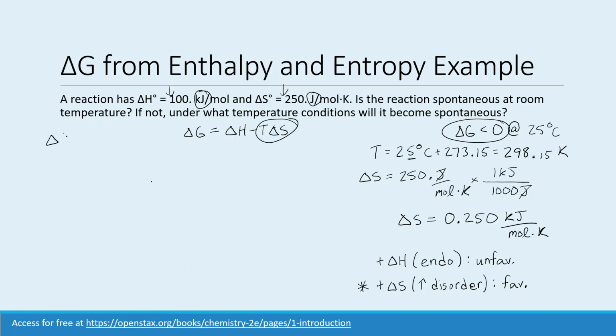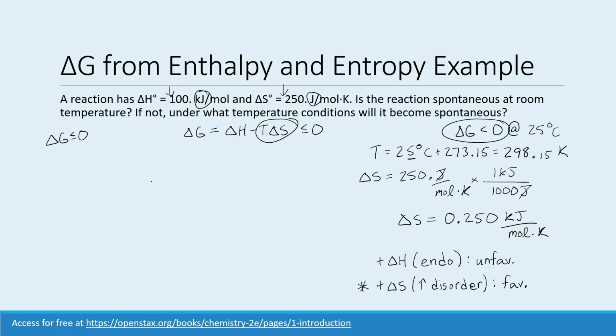All right, so we need delta G to be less than or equal to 0. And so if we set that up, that means that the equation that we have, delta H minus T delta S, needs to be less than or equal to 0.